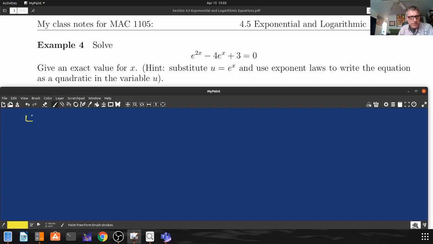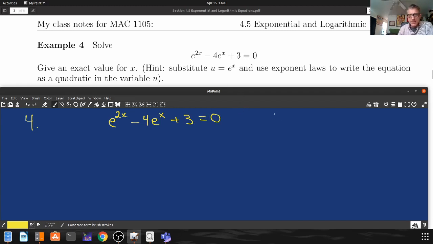So this is example 4, and I have e to the 2x, so again, we're going to be using the natural log when it gets down to it, minus 4 times e to the x plus 3 is equal to 0.